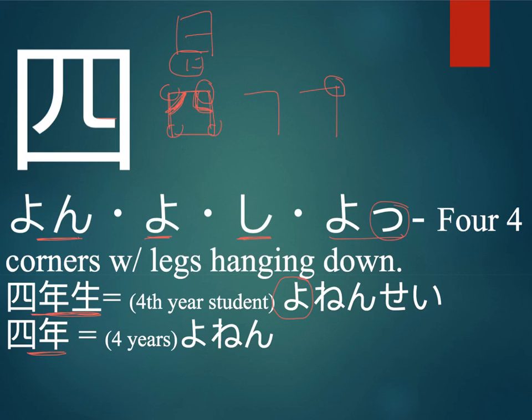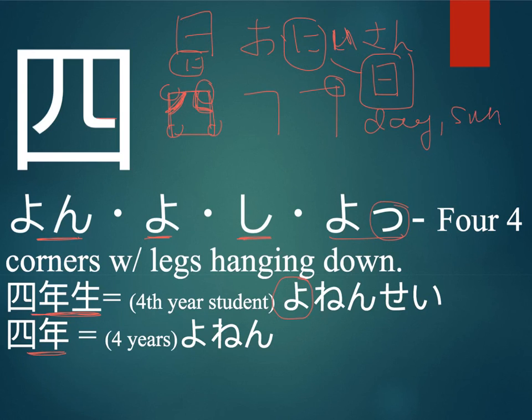So for instance, if we were using the word onii-san, which means somebody's older brother, you would not substitute this kanji for this sound because the word you're using must have the meaning of day or sun in it.